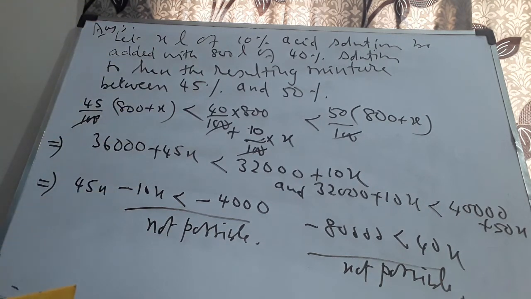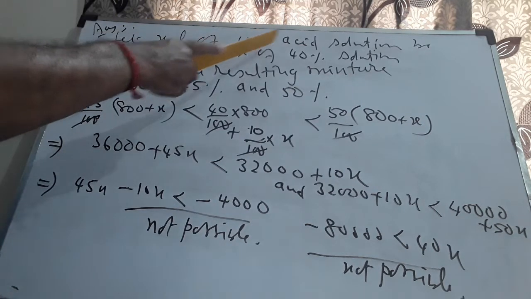I repeat once again, 800 liters of 40% acid solution is available. Find the amount of 10% solution to be added with this to have the resulting mixture between 45% and 50%.